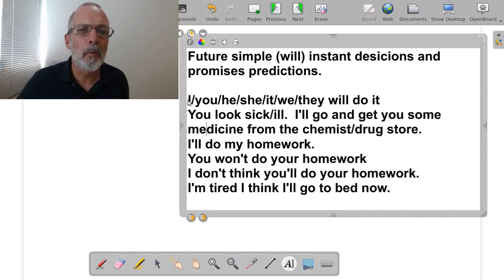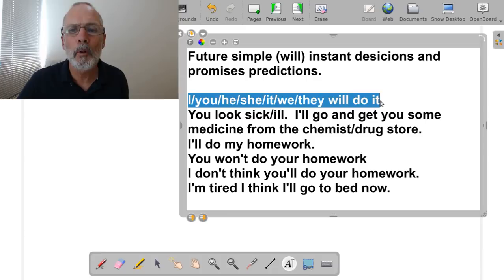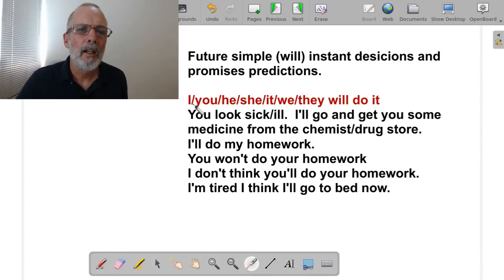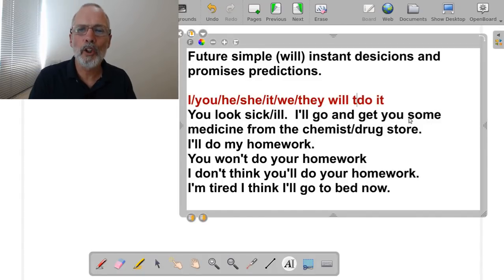Let's look at the structure here. We did see this one in level A2. So it's very simple to form this tense because it doesn't change. It's the same for all the subjects. I, you, he, she, it, we, or they. We're just using this auxiliary verb or modal verb. This is called a modal verb. It's like can, plus the base verb. Don't make the mistake of adding here a to.